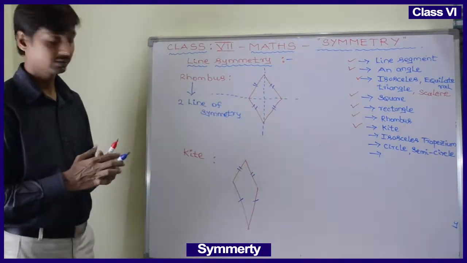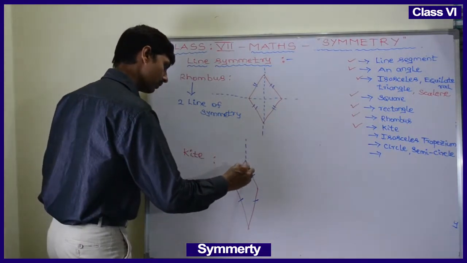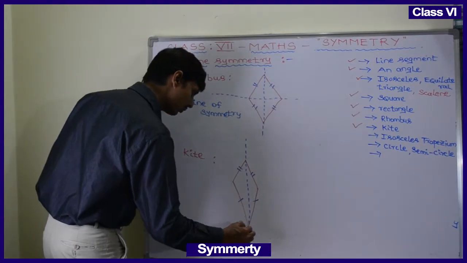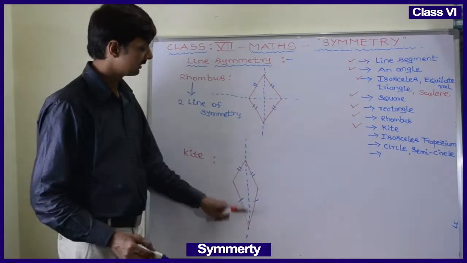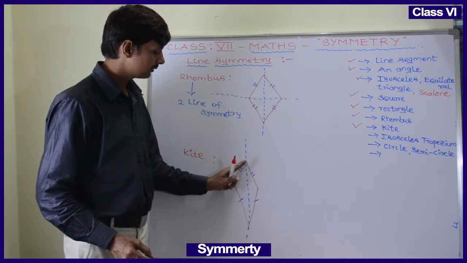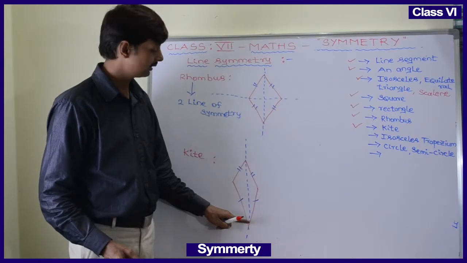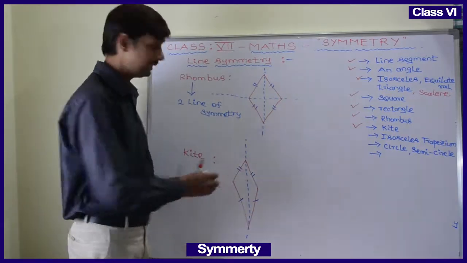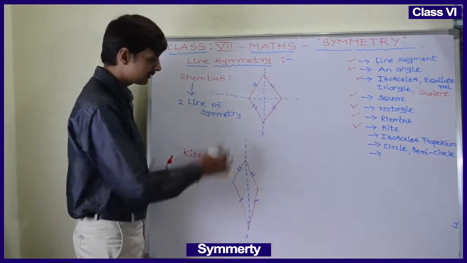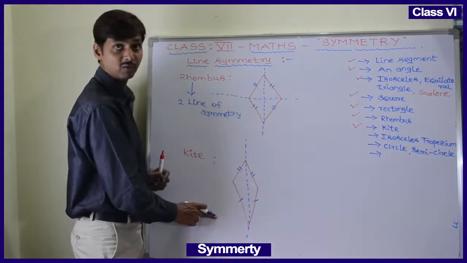And take the kite. Here we can take the opposite vertices. We can observe that these two parts are acute angles opposite each other. And then we divide along the opposite vertices with this line we draw, and this is a line of symmetry.